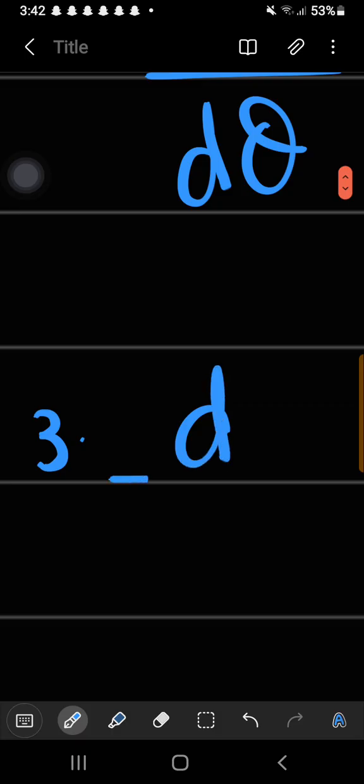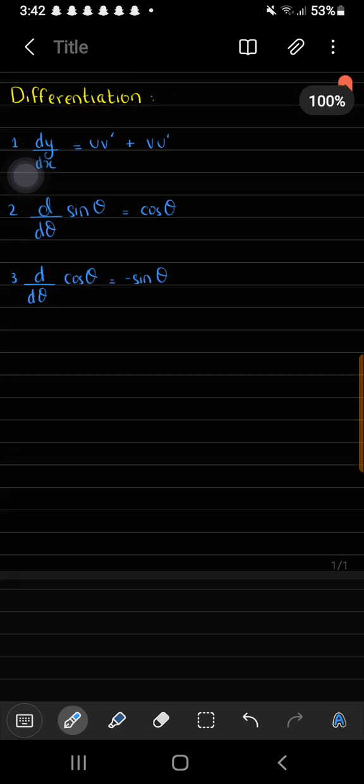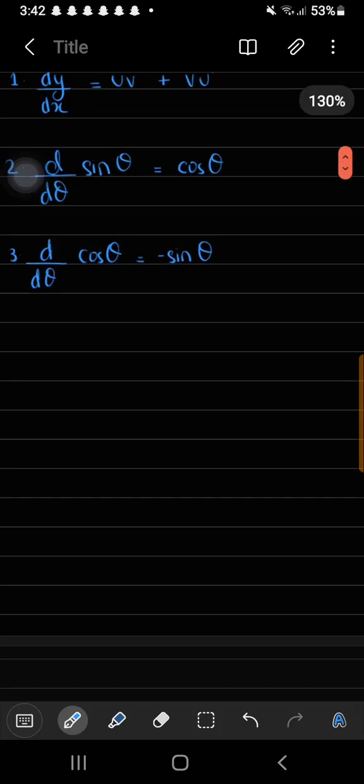Similarly, d over d theta of cos theta is equal to negative sine theta. Okay, the sine will become cos and the cos will become negative sine. Are you getting my point?